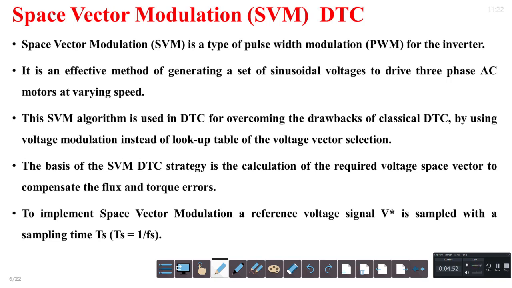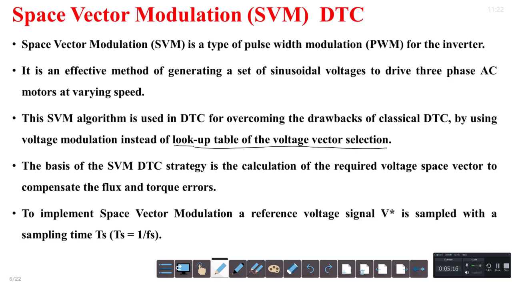The SVM algorithm is used in DTC for overcoming the drawbacks of classical DTC by using voltage modulation instead of a lookup table of voltage vector selection. In conventional hysteresis band DTC, we use a lookup table for the voltage vector selection, but in the space vector modulation DTC, we use voltage modulation.